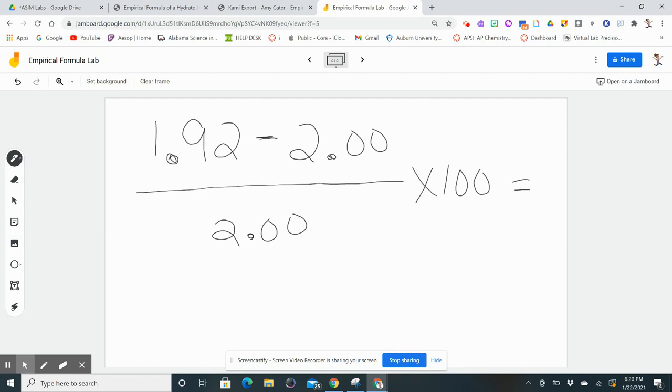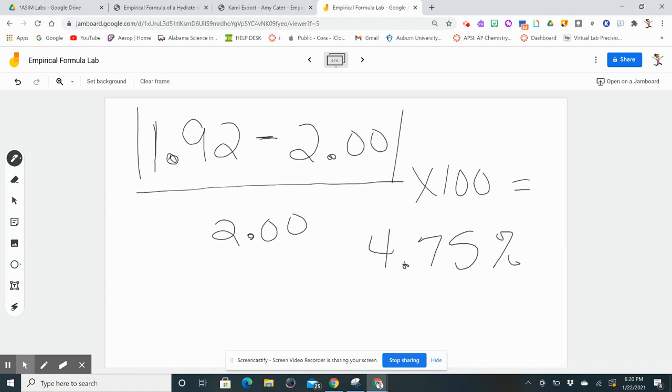Okay, so take what you get for the moles of chlorine after the mole ratio, subtract it from 2 because 2 is what you're supposed to get, divide that by 2, and then multiply by 100. Okay, and it is the absolute value of this number, so we're not worried about a sign. We just drop the sign off. So if these are your numbers, my percent error is 4.75%.